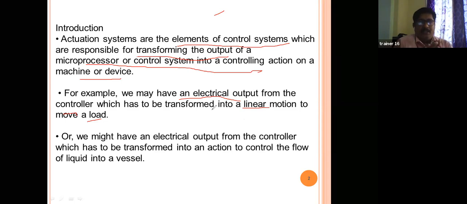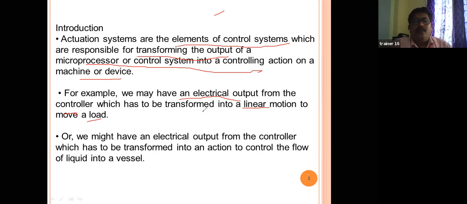So take the fan. When you move the regulator, you get the electrical output which reaches the fan, and then automatically the fan speed, which is mechanical, the angular rotation speed in RPM, varies. When you regulate the mode, maybe 2, 3, 4 or 5, automatically the speed varies.